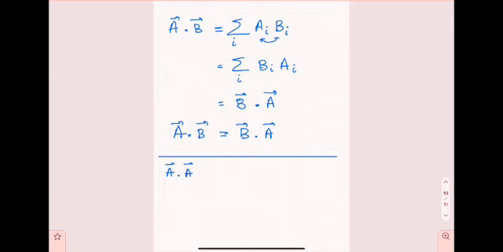Just as we described before, we could write this as the summation of ai, where i goes from 1 to the size of the vector A, and that is 3.